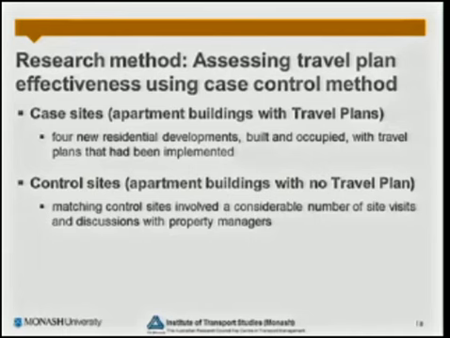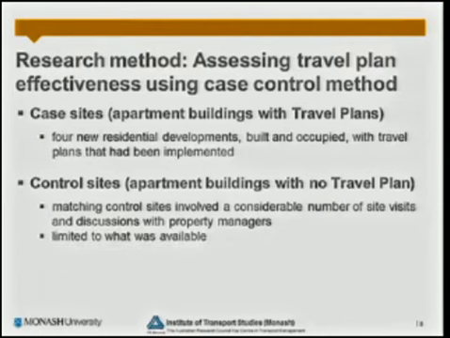But it'd be fair to say that going with this methodology wasn't without its challenges. It was fairly easy to identify a set of case sites where they had travel plans, but it took a lot of work to identify appropriate, close control sites, and also to get agreement from the building managers at those sites to do some sort of a travel survey.